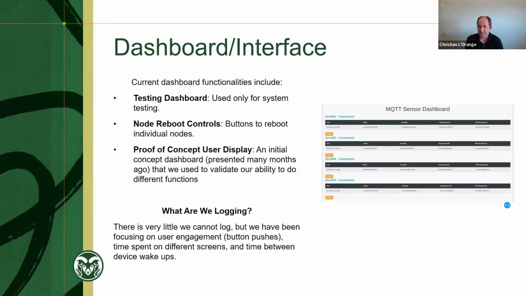Where we've been focusing most on the user-facing dashboard is proof of concept, making sure that we can display things in lots of different ways, making sure that we can capture things. What is good is there's, I think, very little that we can't log in terms of how people are interfacing with the dashboards. Button clicks, screen time, time since somebody woke it up from a black screen, sleep mode, screensaver type piece.